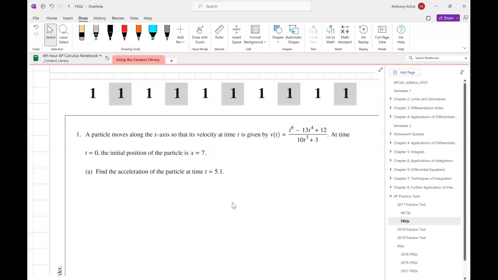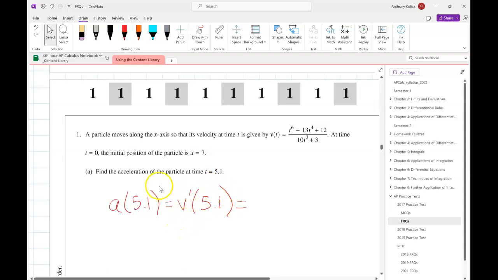The only calculus thing you really need to know is the relationship between velocity and acceleration. What is that relationship? The acceleration is the first derivative of velocity. So all the work that you would need to do is write that.